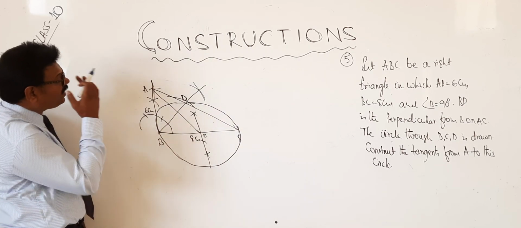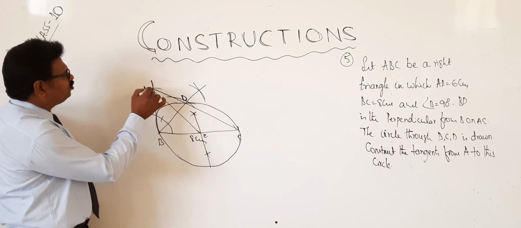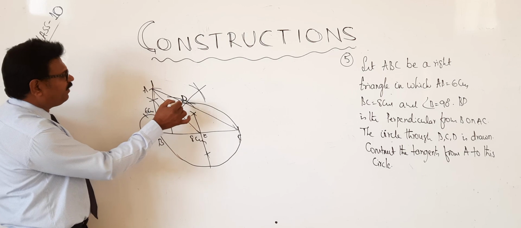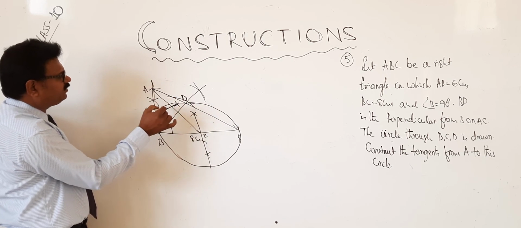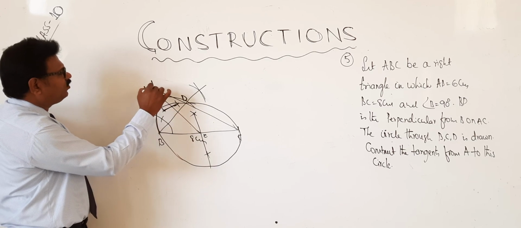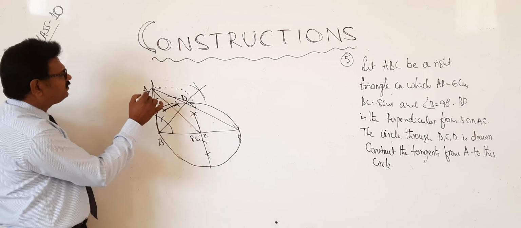Therefore, we will take like this. Okay? How to take? Now very simple. Join AE. Now again bisect. Again bisect means like this. From here you draw one more circle.